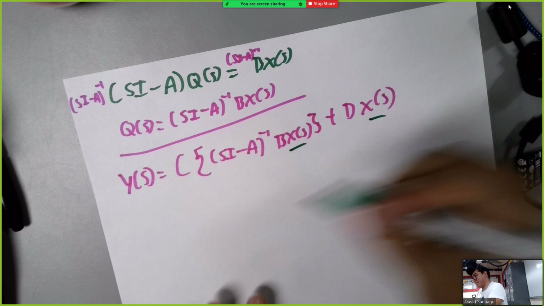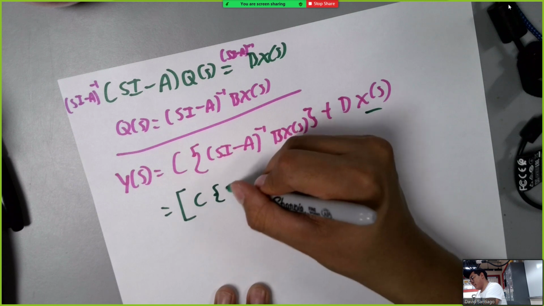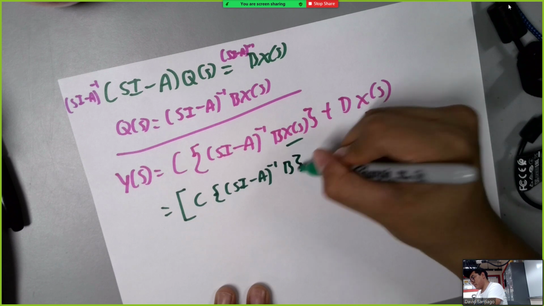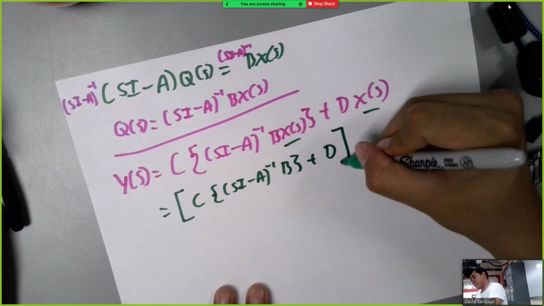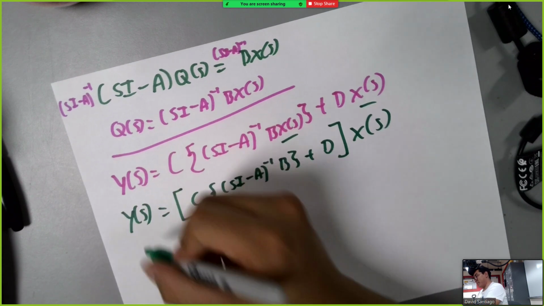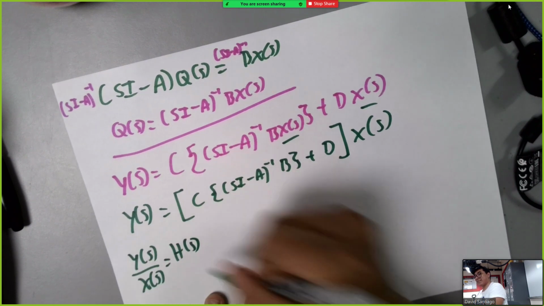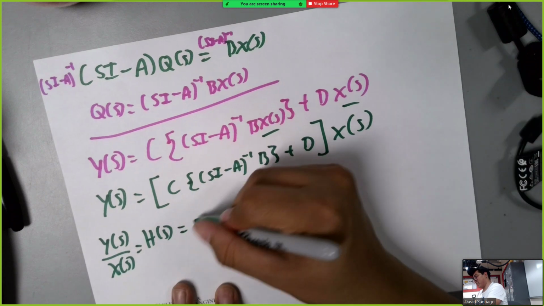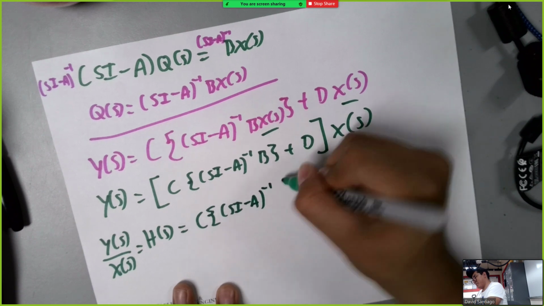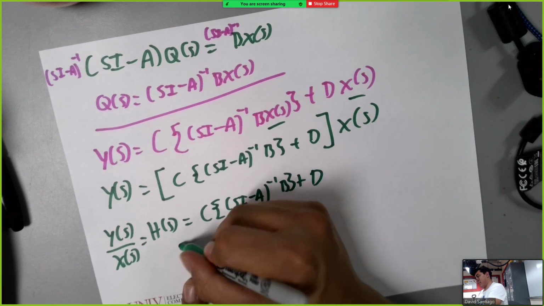Get the following: C of S I minus A inverse B plus D, times X of S. And then for completeness, H of S, to get you that transfer function itself, which is equal to C of S I minus A inverse B plus D. There we go. And that's your transfer function.